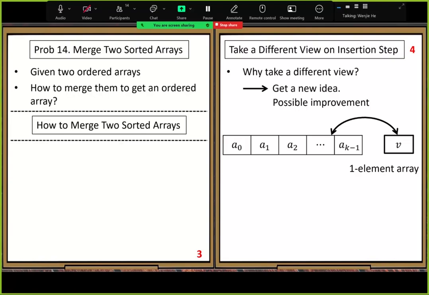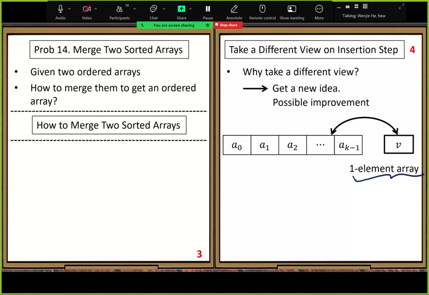In that way, we can view this insertion step as a special case of the merge step, merging two ordered arrays. That single element we treat as a special ordered array. The special thing is it's a one element array, but now we need to modify this one element array to make it a multi-element array.